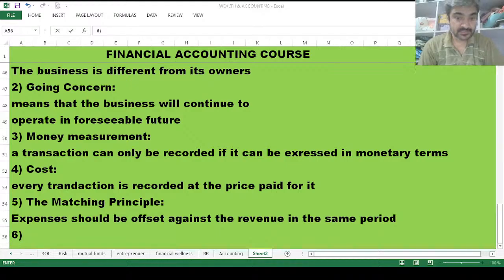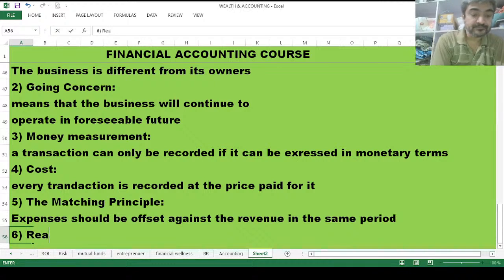The last concept for the purpose of this lecture is the realization concept.